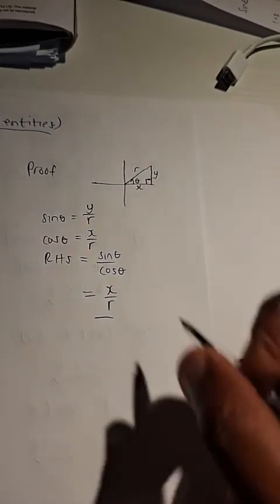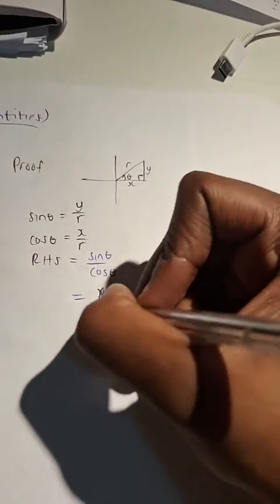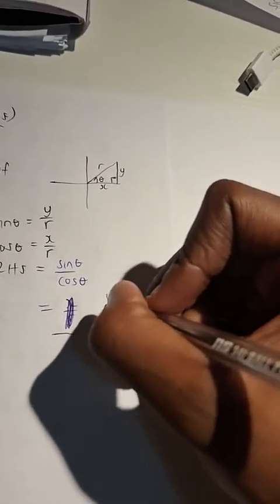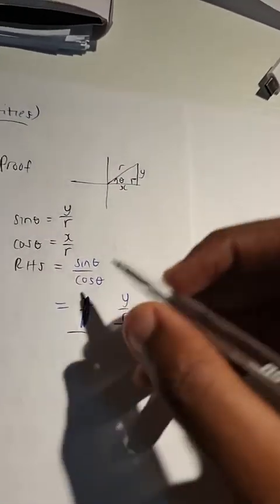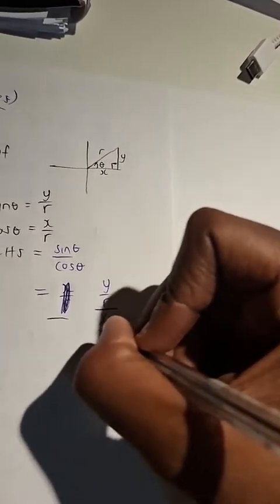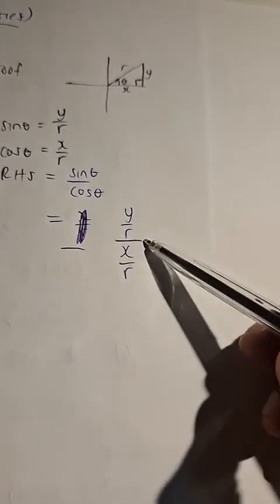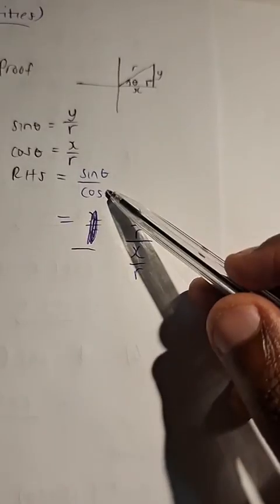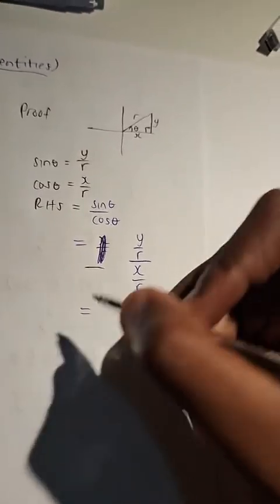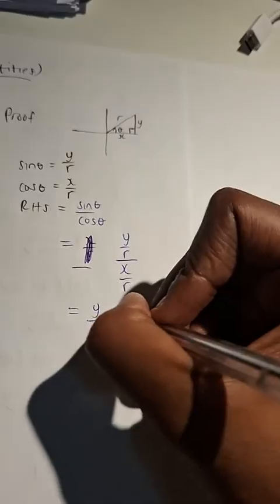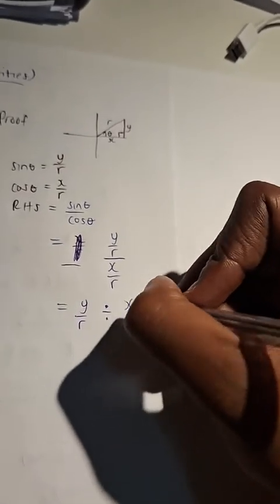Cos theta, no, I'm just kidding, guys. Sine theta is not x over r. Sine theta is y over r. Cos theta is x over r. So this is like saying y over r, meaning sine theta, divided by cos theta, which is x over r. Let's rewrite this. Y over r divided by x over r.